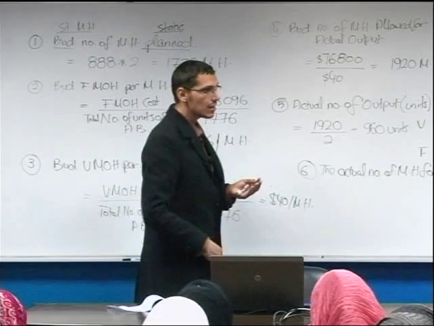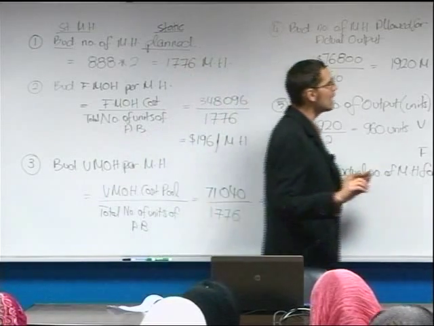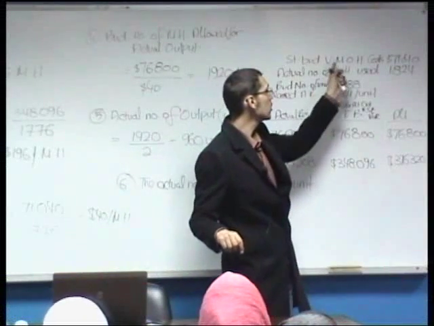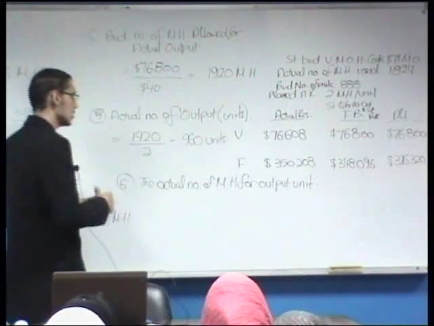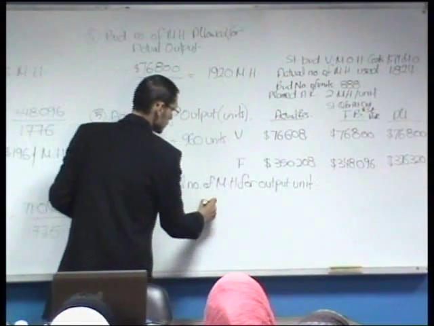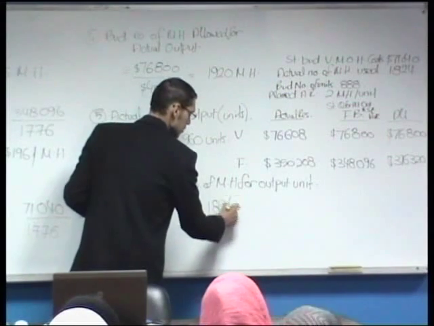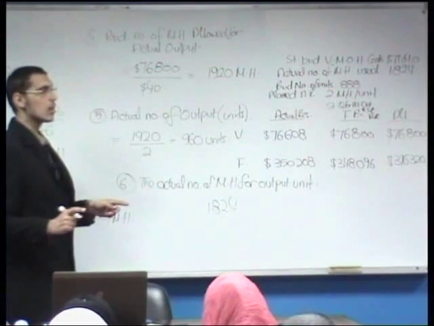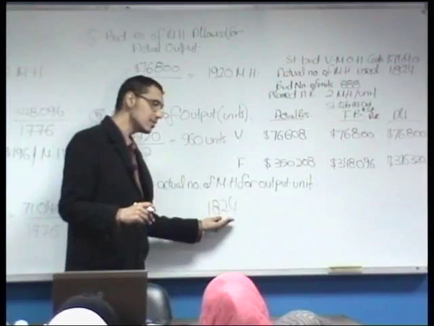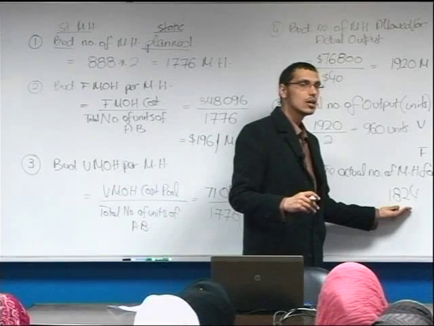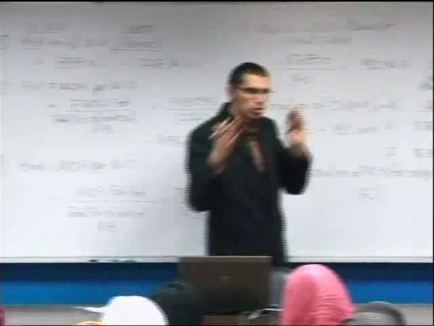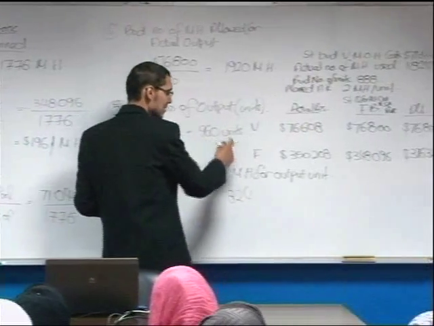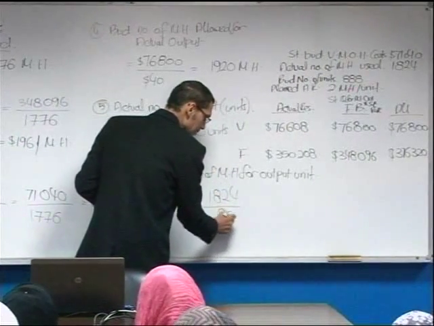They gave us a piece of information that the actual number of machine hours used was 1,824, correct? Yes. And the 1,824 machine hours were used to produce 960 units, correct?